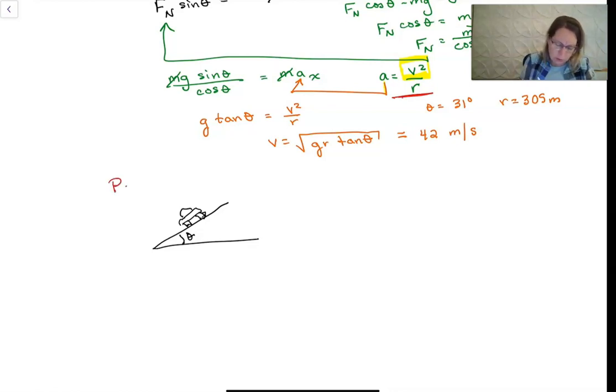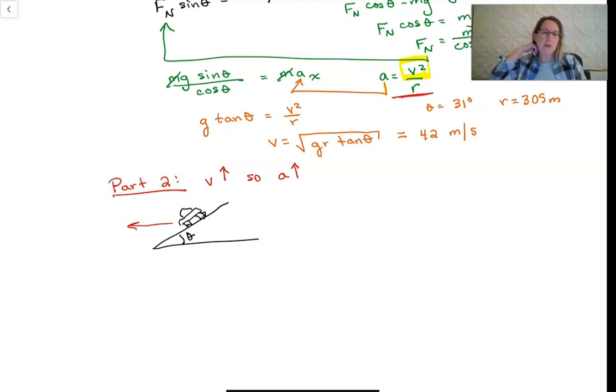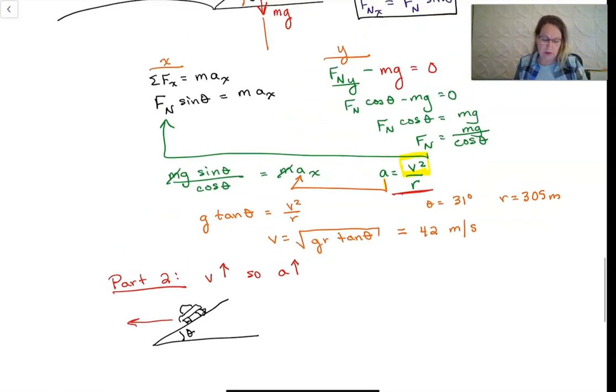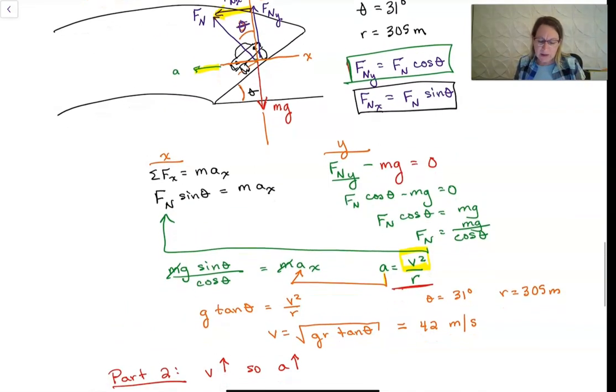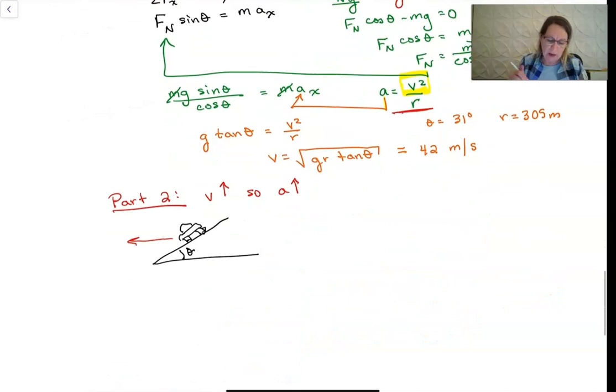So part two, our v around the track goes up, and so our acceleration goes up. And so this acceleration now is bigger towards the center. So I need a force that's bigger towards the center than I already have. And so I already had the normal force, which was some amount towards the center. And so now I need some frictional force to help me out.